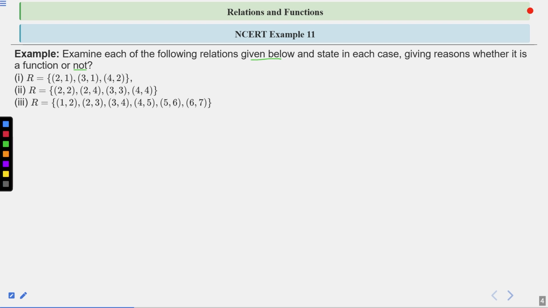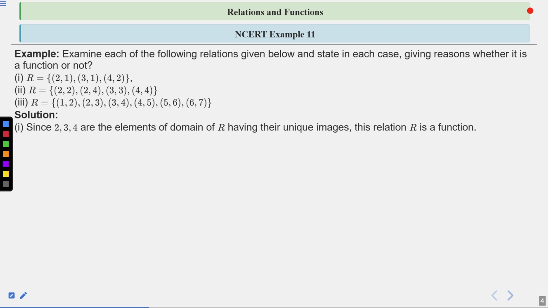As we have already seen the definition of a function, what special type of relations are said to be a function. Clear? If you try to see here, for each element in the domain 2, 3, 4, we have unique images.